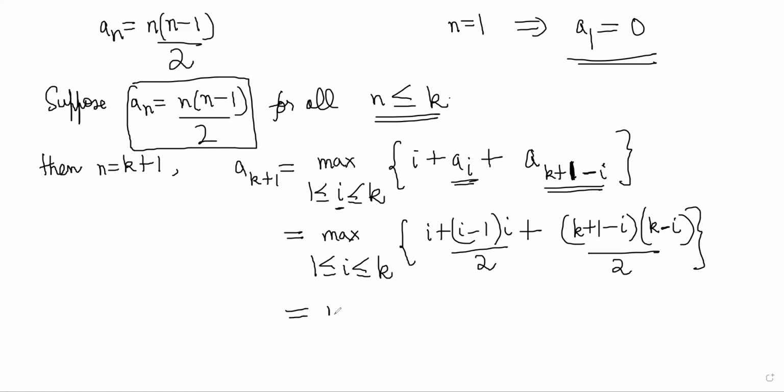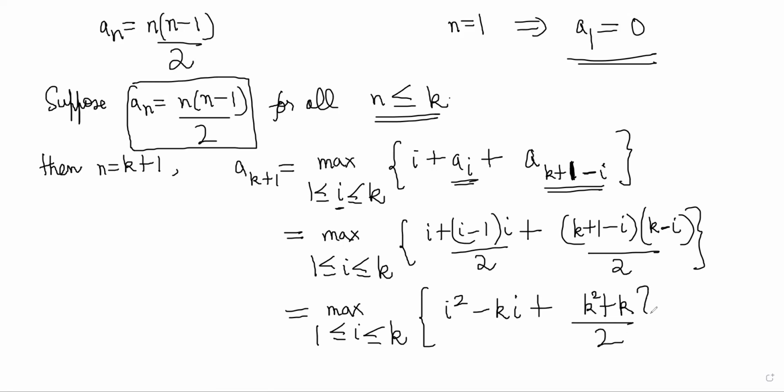Okay, so simplifying this expression, we have max over 1 less than or equal to i less than k. And if I simplify this whole expression inside, you get i square minus ki plus k square plus k by 2, right? Okay. Now k square plus k by 2 doesn't have an i at all. No i component is here. So we'll take it out of this maximization.